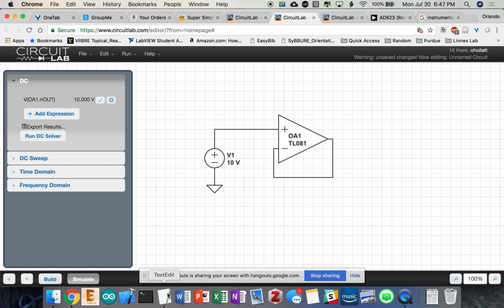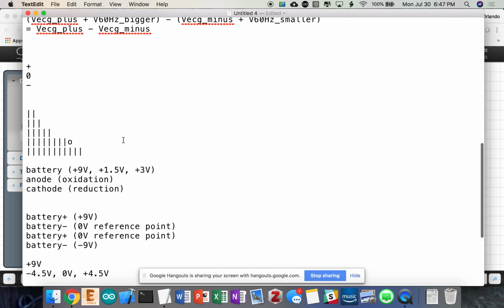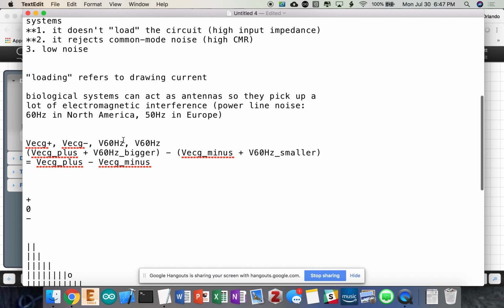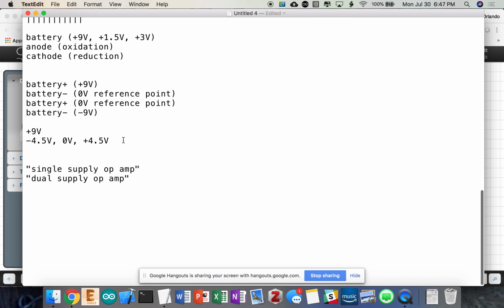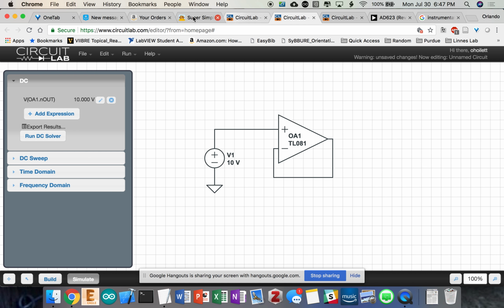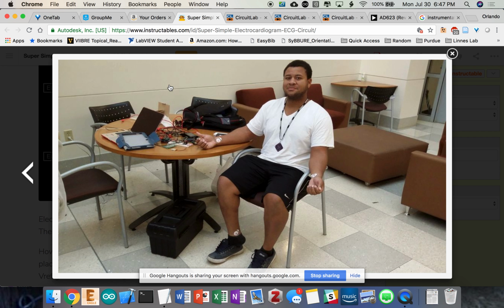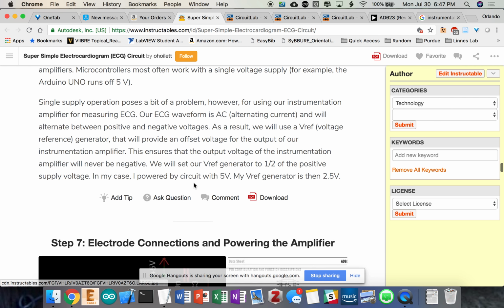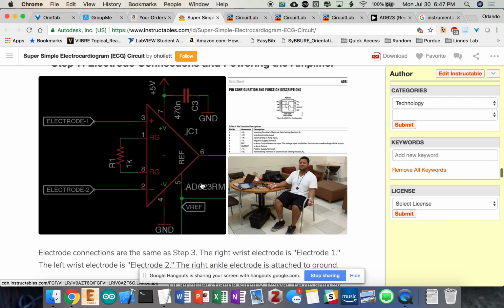So we talked about instrumentation amplifiers, why we use them for biopotential signals, and how they are constructed. We talked about biopotential signals, which you're probably familiar with. Everyone has more or less heard about the ECG. We talked about the electrode configuration: you just want to put them on opposite sides of your body, or opposite sides of your heart.